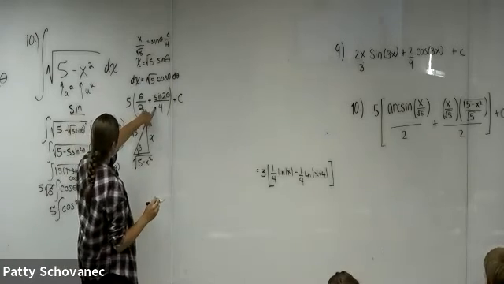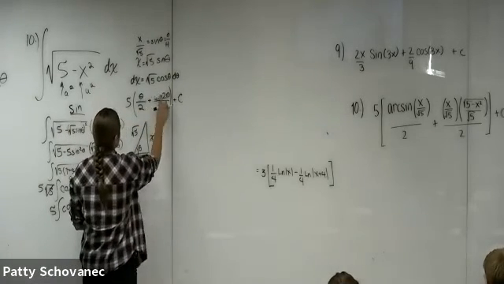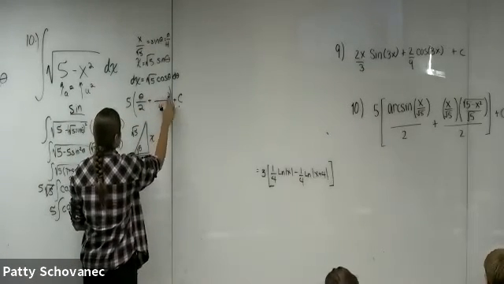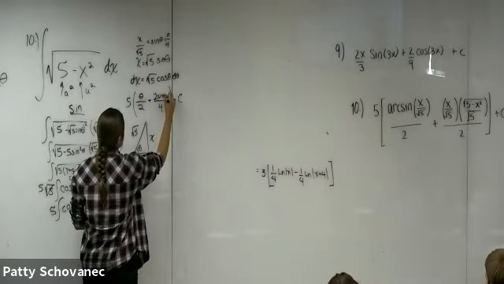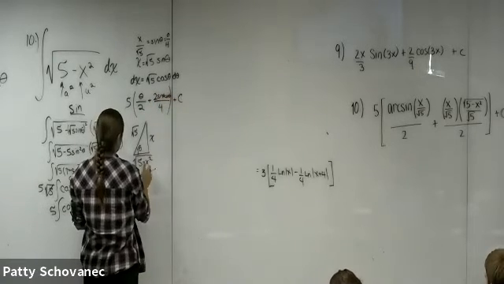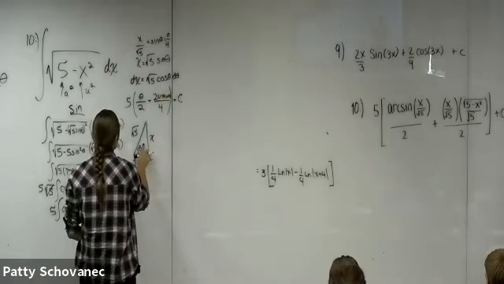And then we're gonna change this to an identity. So it's gonna be 2 sine theta cosine theta. And we can figure out sine theta and cosine theta from the triangle.